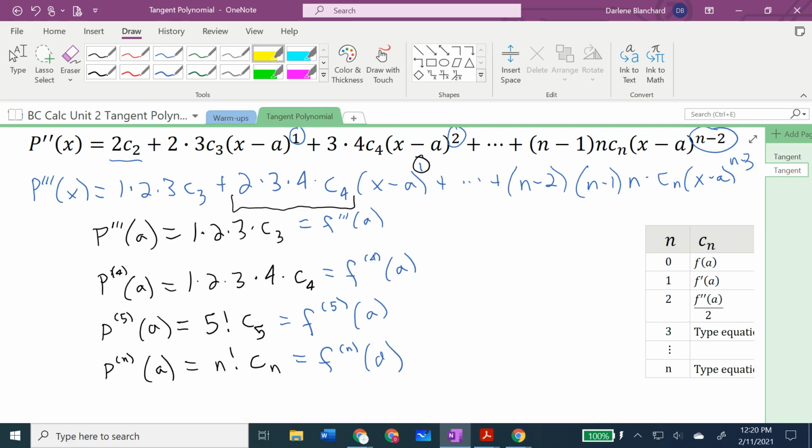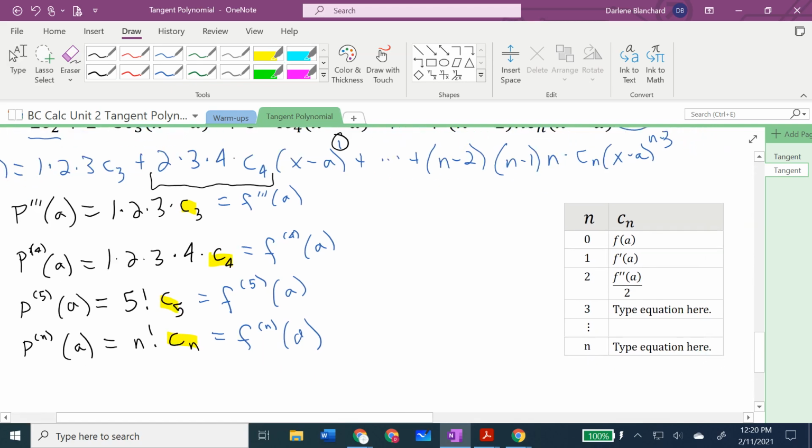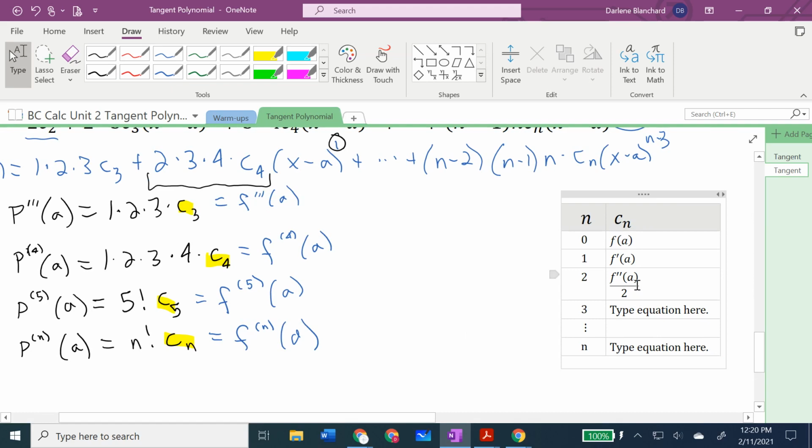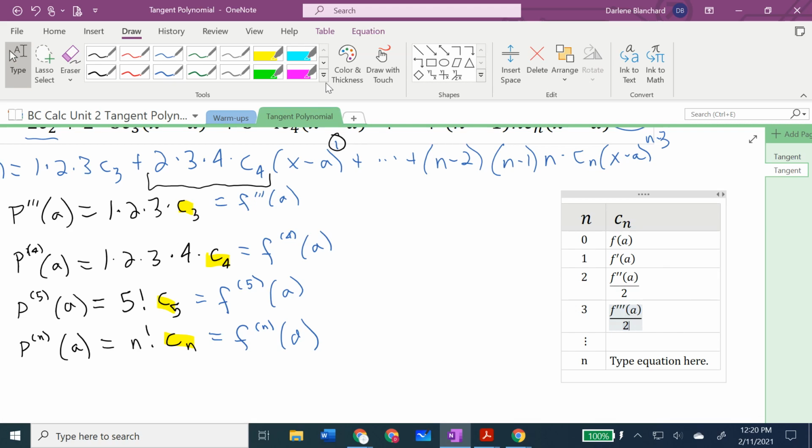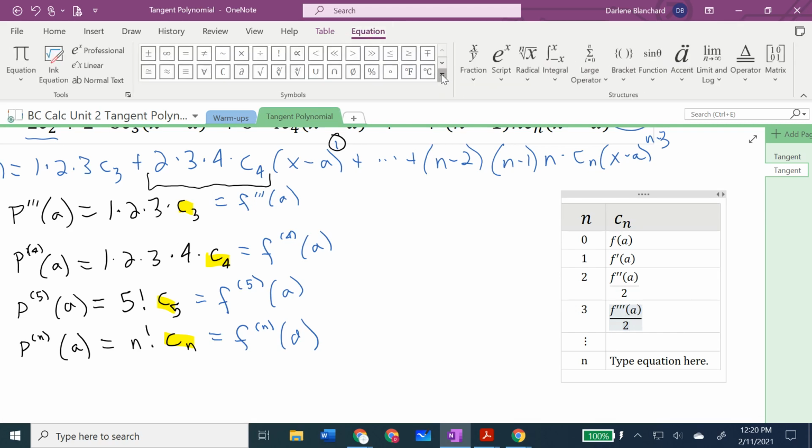And we need to find formulas for our c sub numbers. What is the formula for c sub n?